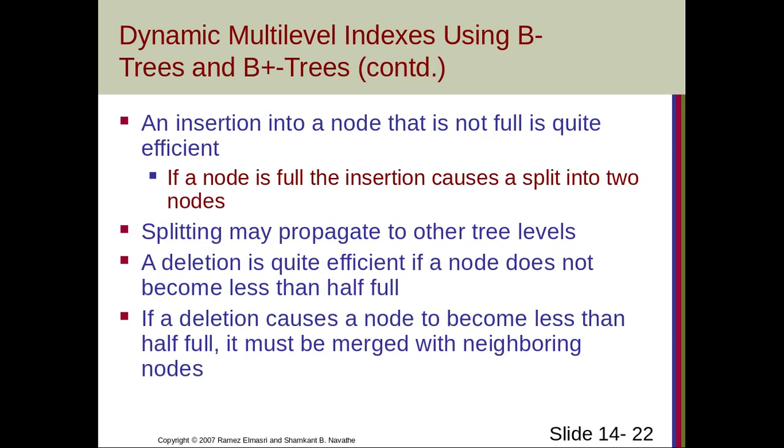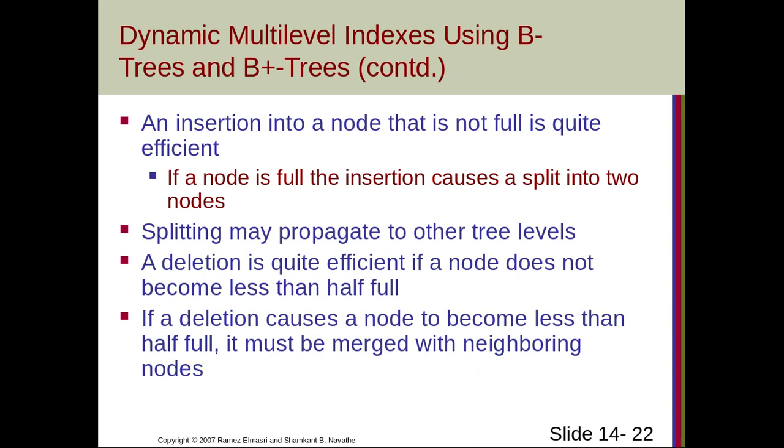An insertion into a node that is not full is quite efficient. You can easily insert that element into that node. If a node is full and you want to insert, then you have to allocate another block and make those adjustments. Splitting may propagate to other levels.